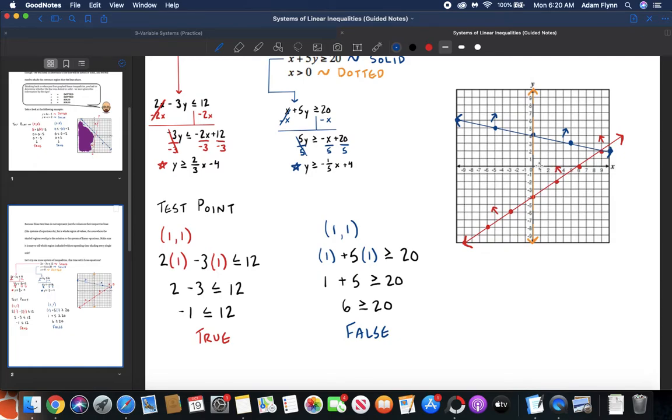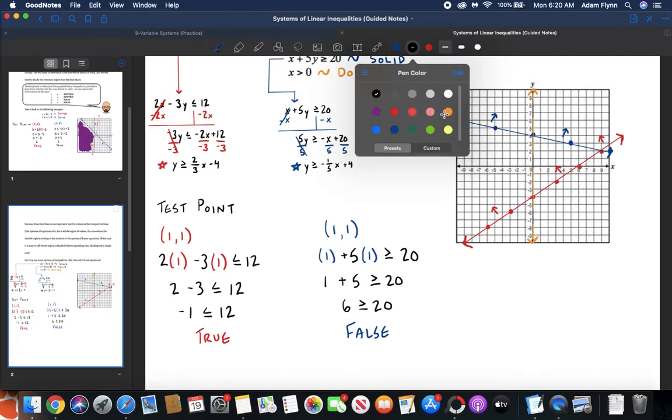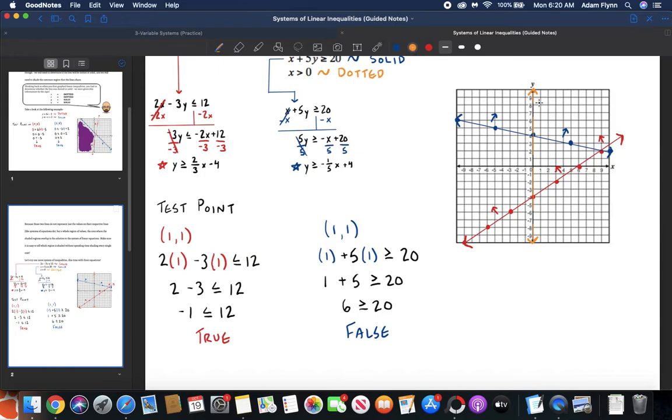So that means we're going to shade to the right side of this line. So for my orange line, any number higher than 0 is going to make this true, so we need to shade to the right side.